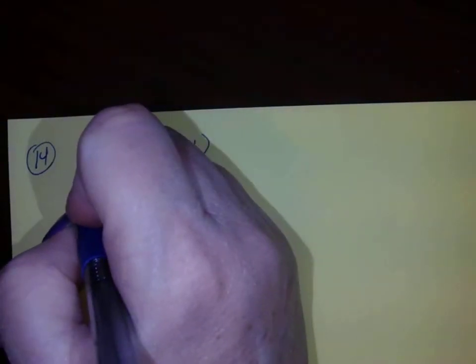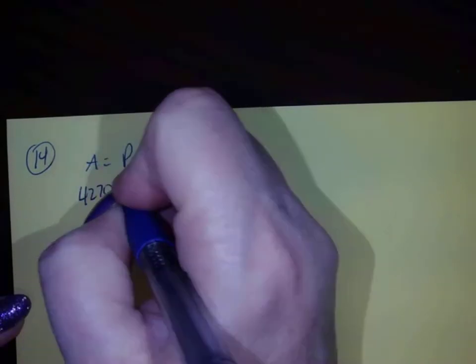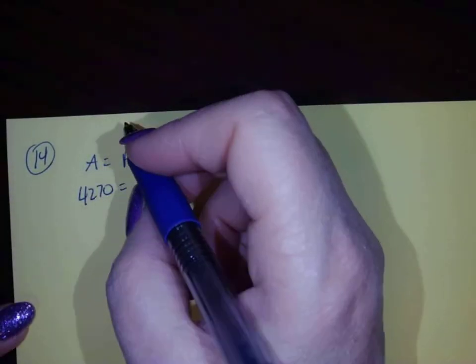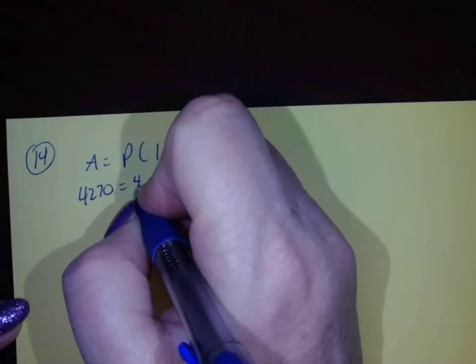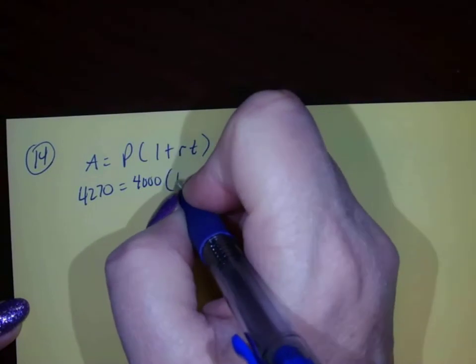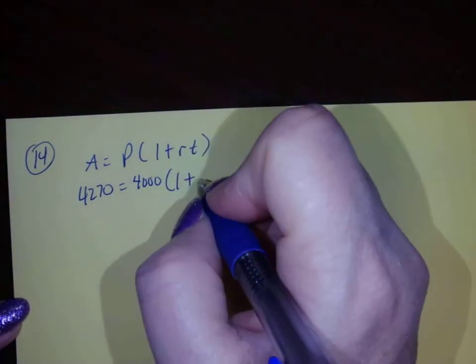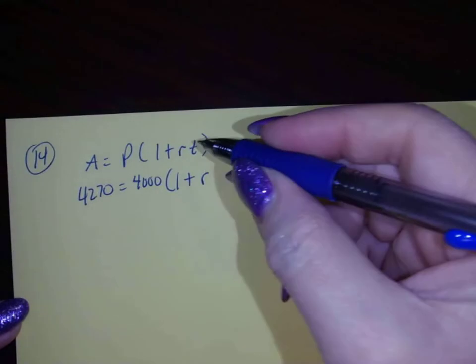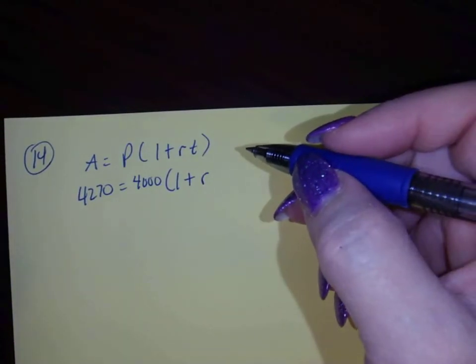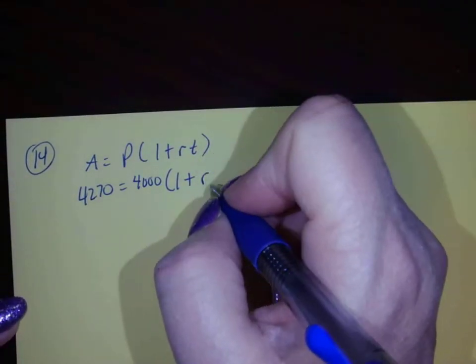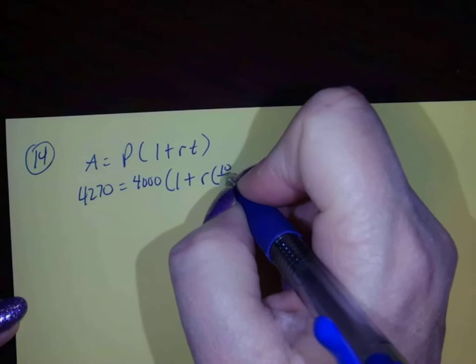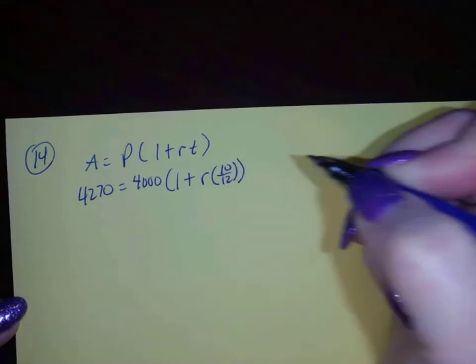The accumulated amount in the account is $42.70. The initial amount of the loan, which is the principal, was $4,000. We're looking for the rate, so we'll just leave the R sitting there. And we're given the T was 10 months.